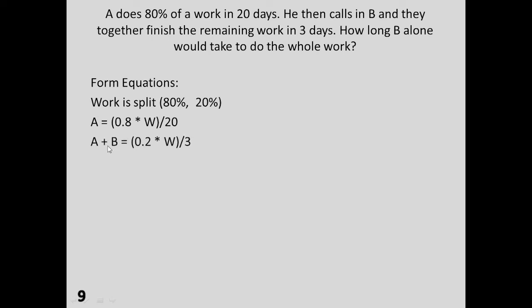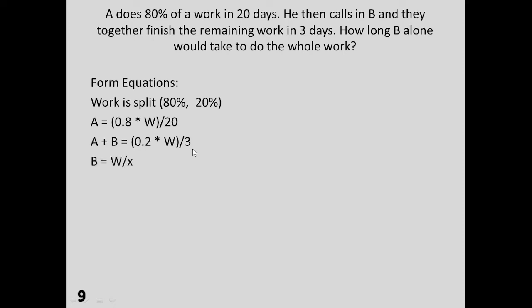So A and B will work together and complete the remaining 20% of the work. 20% is nothing but 20 by 100 of the work, meaning multiplication, in 3 days. So divided by 3 days. Productivity is equal to work divided by time.